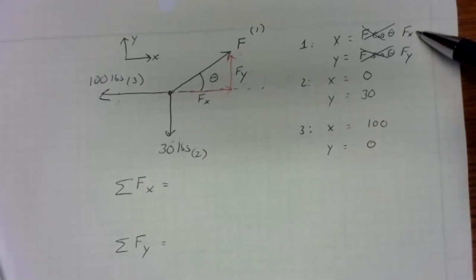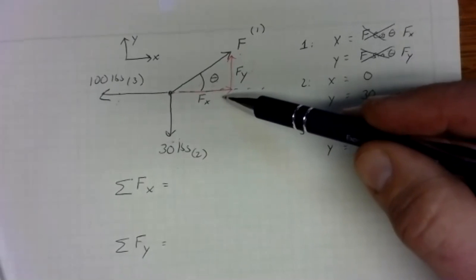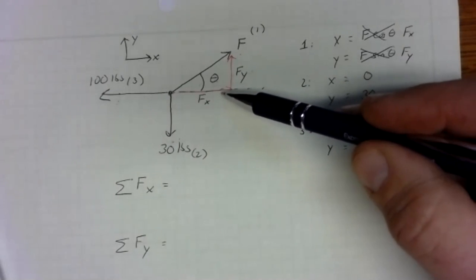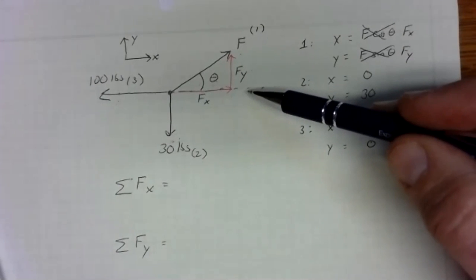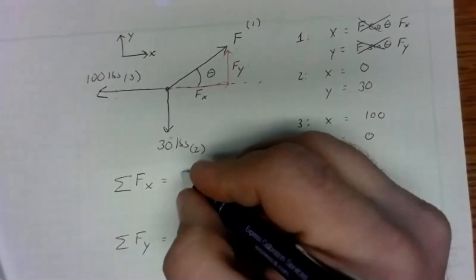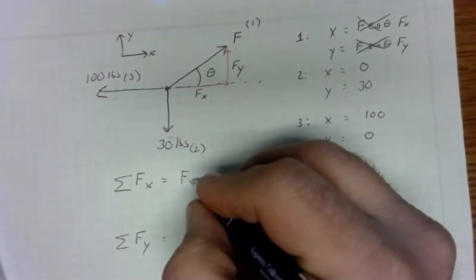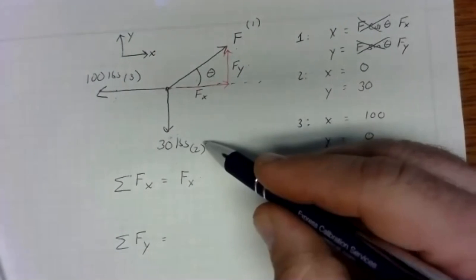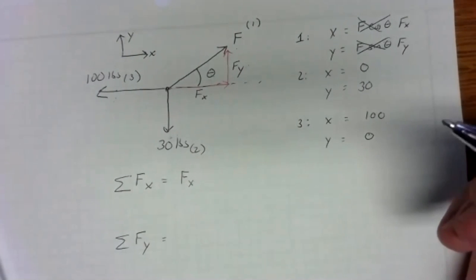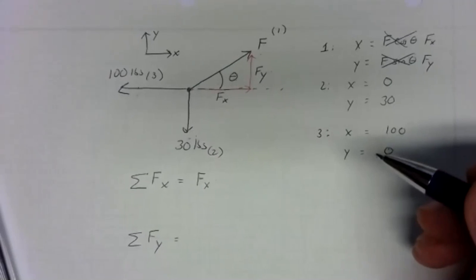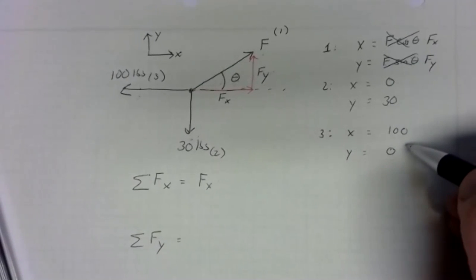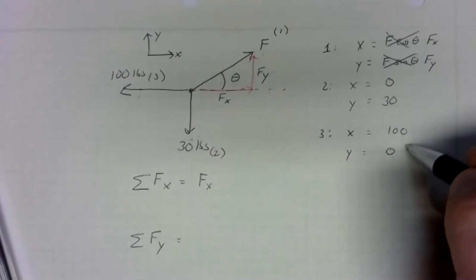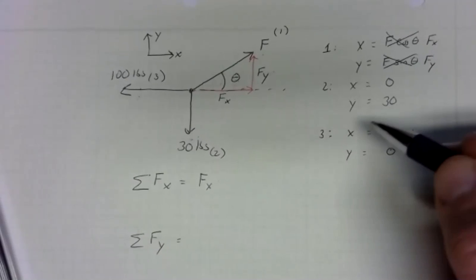Well, Fx here is the x component for my unknown vector, and that pulls to the right. So it goes into the sum positive. So I have positive Fx. Vector 2 has no x component, so I don't need to bother writing anything. It's 0. Force 3 is all x component, but it pulls to the left.